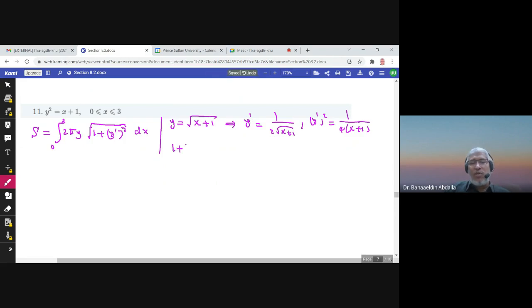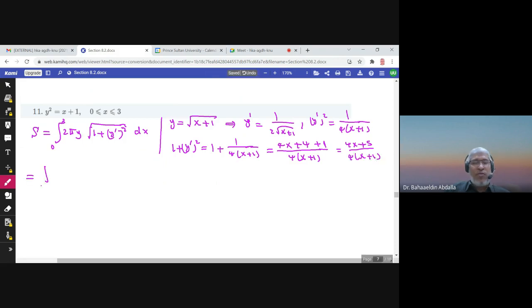So 1 plus y prime square would be 1 plus 1 over 4 times x plus 1. And this would be 4x plus 1. I will expand. So 4x plus 4 plus 1 over 4x plus 1. So 4x plus 5 over 4 times x plus 1.